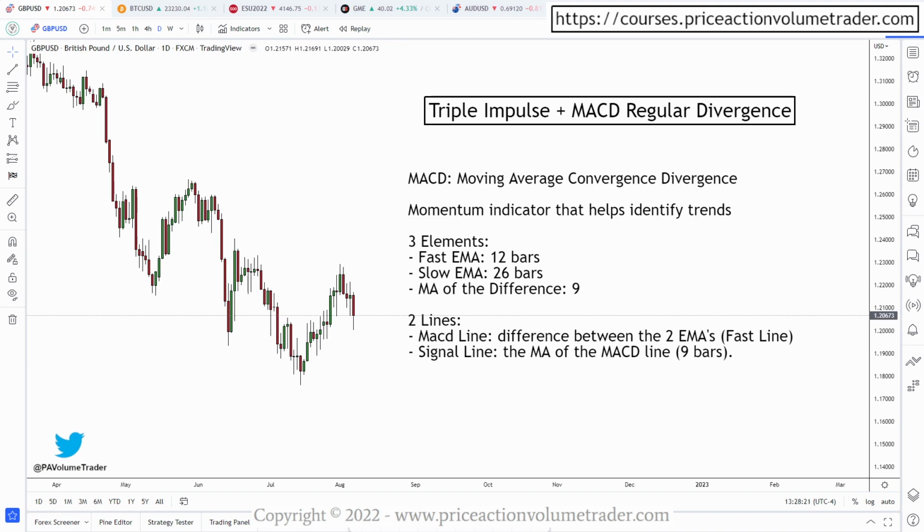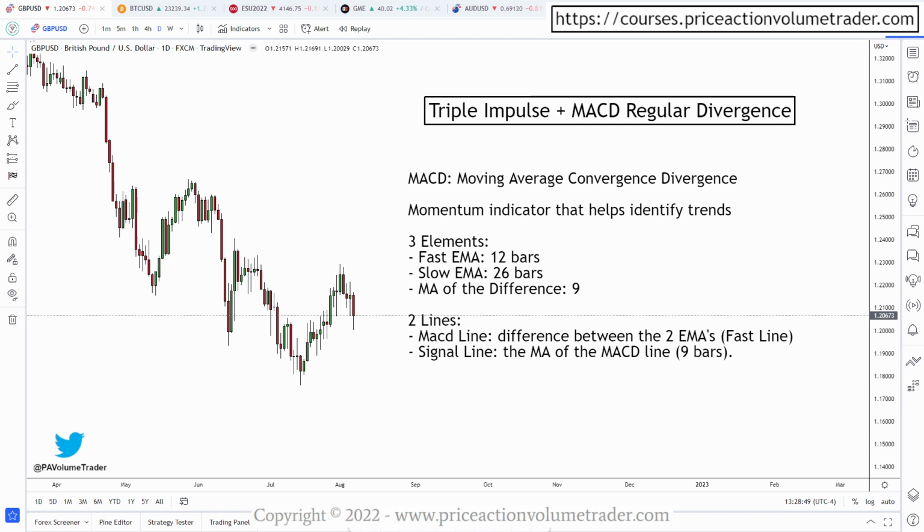Pretty much the only indicators I will use is I just have two long-term moving averages on my daily chart. I have the volume profiles, obviously I use a lot, and I have the VWAP line, but there is one instance where I use MACD in my trading, and this is what I'm gonna share with you today.